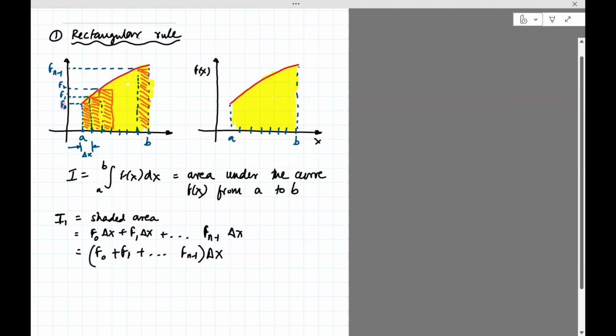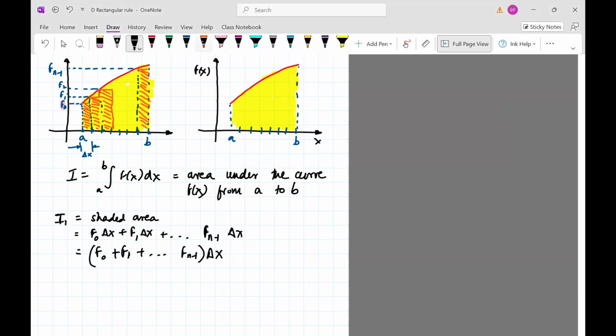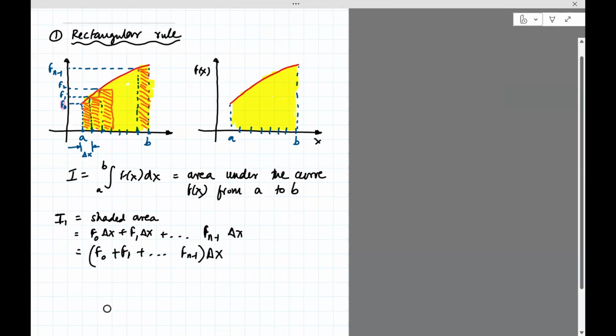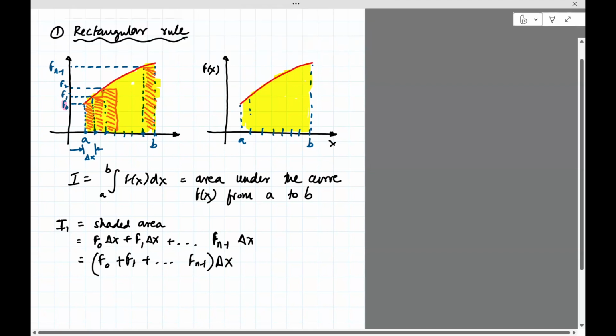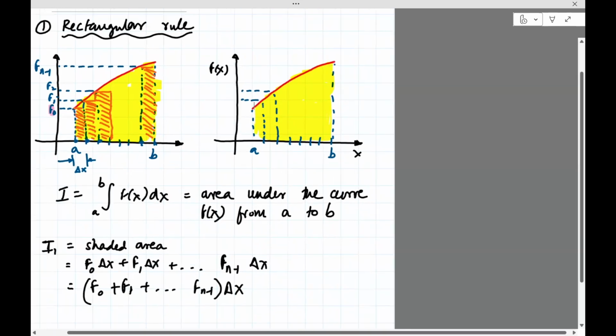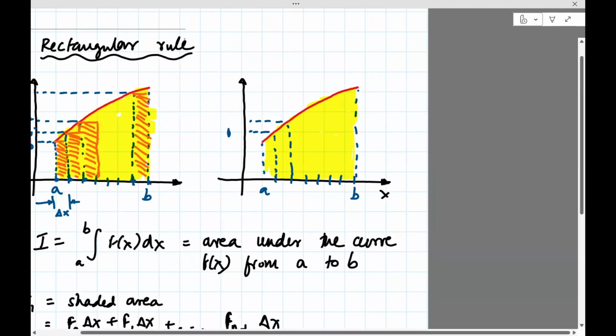Okay, another way of doing the same approximation is as follows. We'll use the other figure. So let's draw f1 here. Let's ignore f0. This is f1.